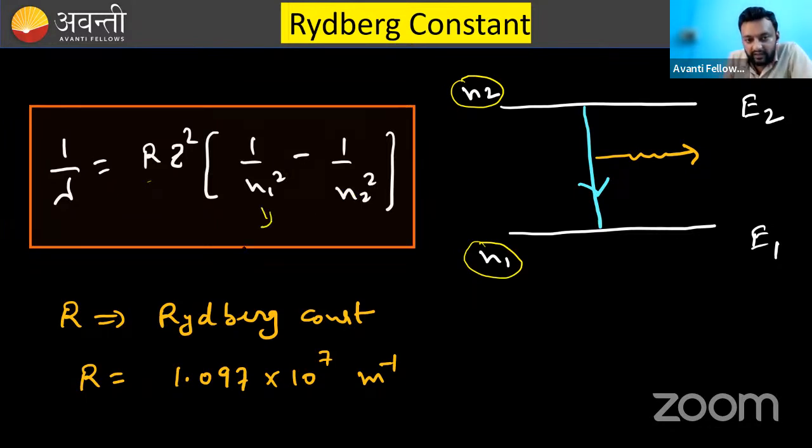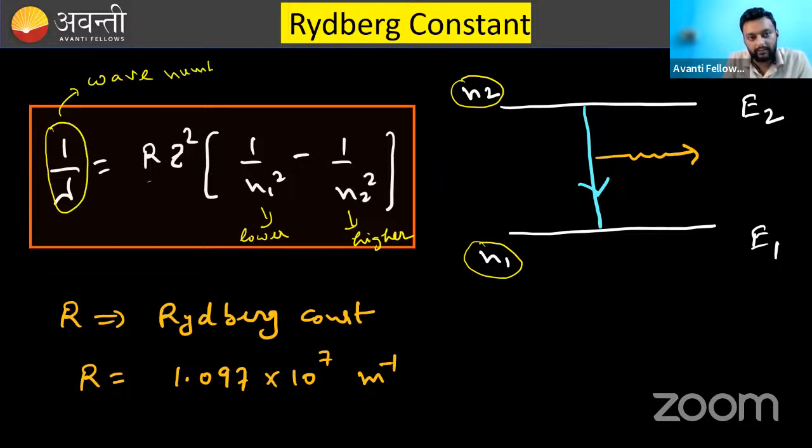So this N1 is representing lower orbit and N2 is representing higher orbit. Where R is the Rydberg constant, Z is the atomic number, lambda is the wavelength. And this 1 over lambda completely is called as wave number. So sometimes question may ask you not wavelength, but the wave number.